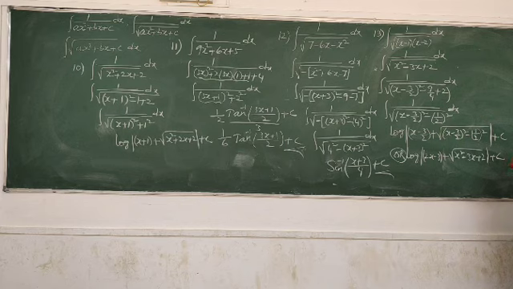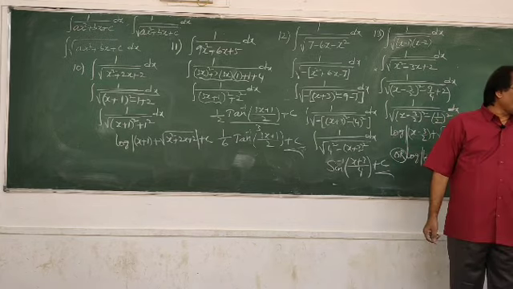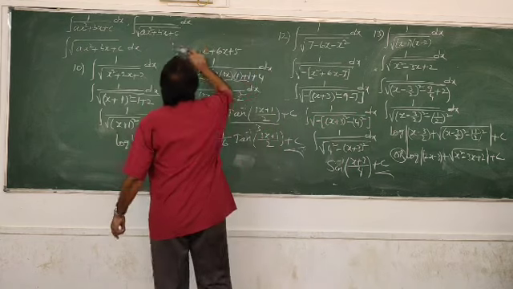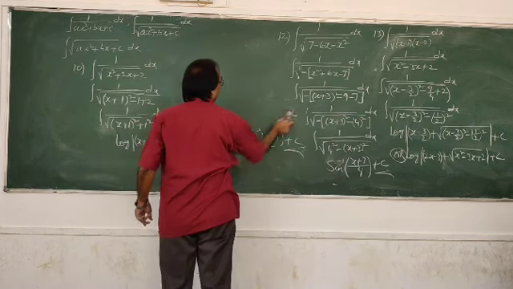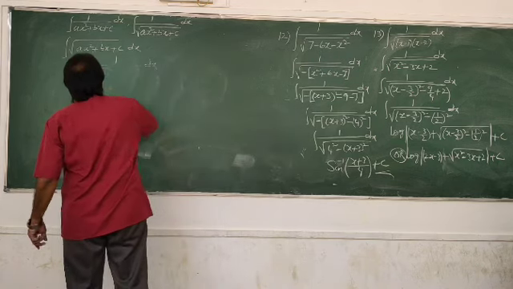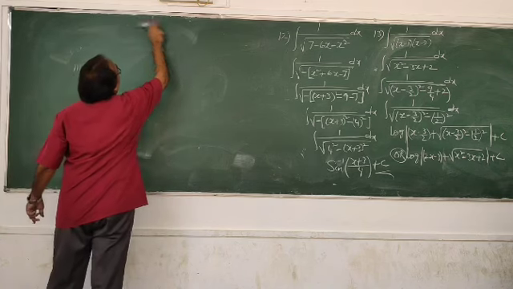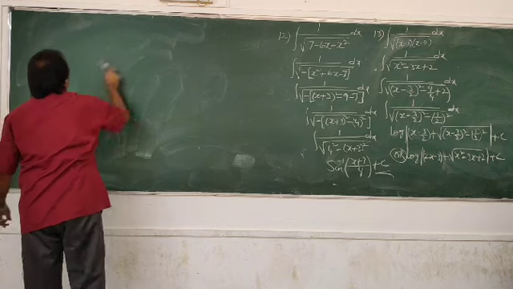Next, problem number 14, I will give as homework, because the same problem I told you, like this, just like the 12th problem. So the homework problem, I'll write here. You understood, all these problems are nothing but formula based. We have to put into perfect square form and use the formula.